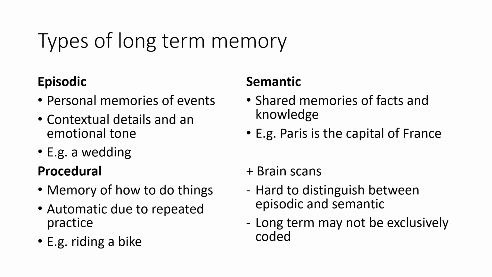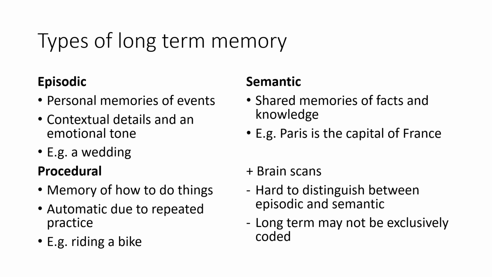Procedural is the memory of how to do things and tends to be automatic due to repeated practice. It's been found that even when people have brain damage, they still are able to keep some procedural memories, such as making a cup of tea or riding a bike, but they can't remember how they're doing it, they just are able to do it.